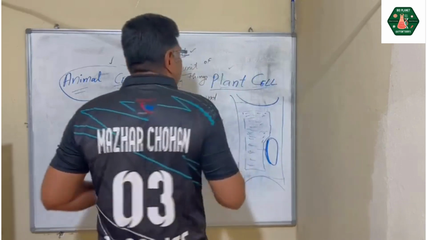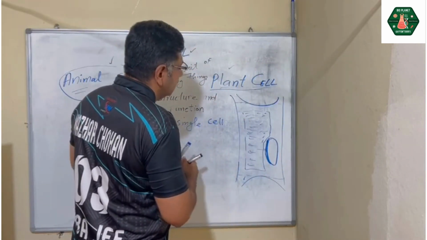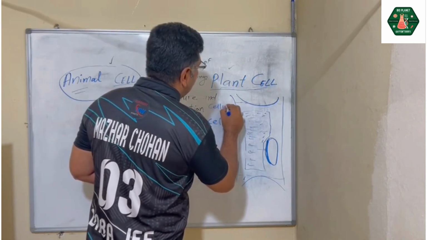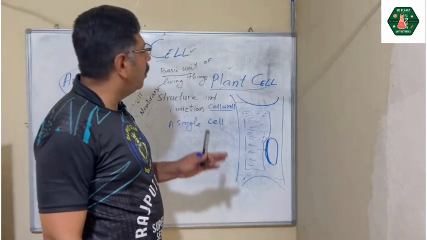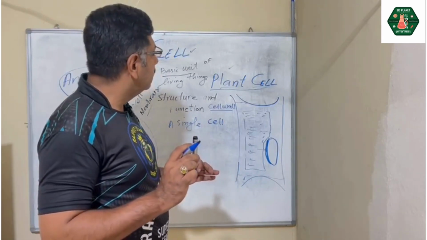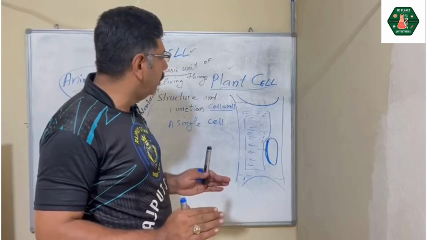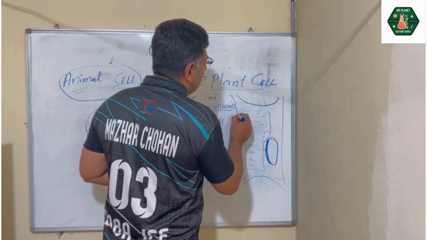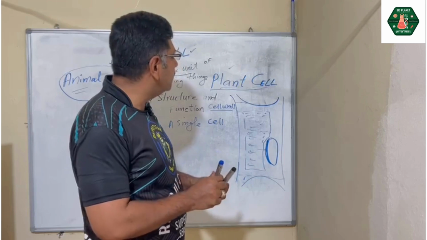On the other hand, the outer covering in plant cell is the cell wall. This cell wall is hard and dead, but it is made up of cellulose, and it is porous also. There are pores as well, so it allows all the substances to pass through.